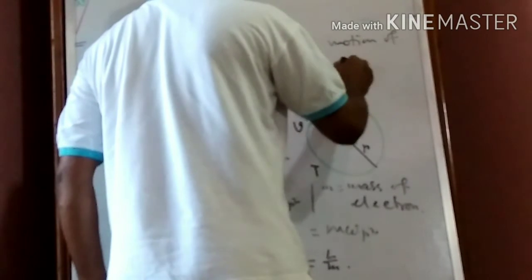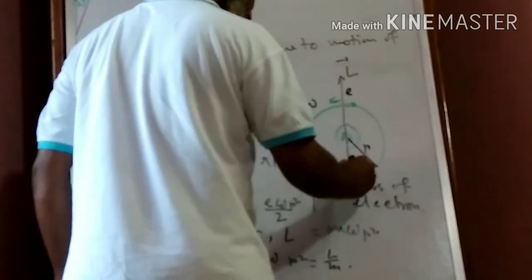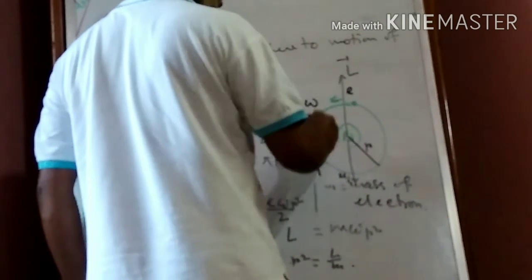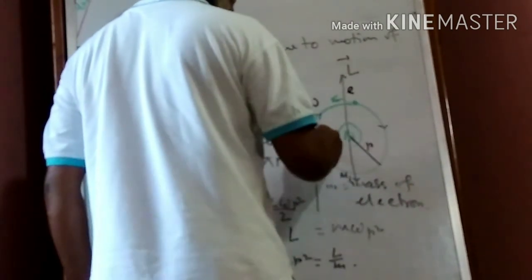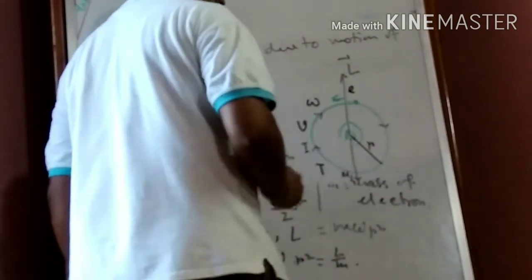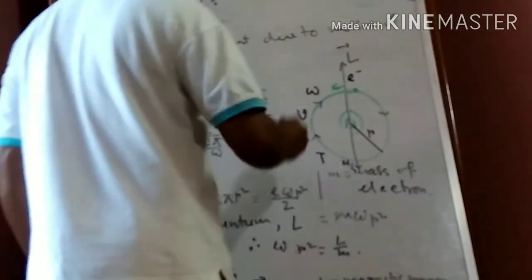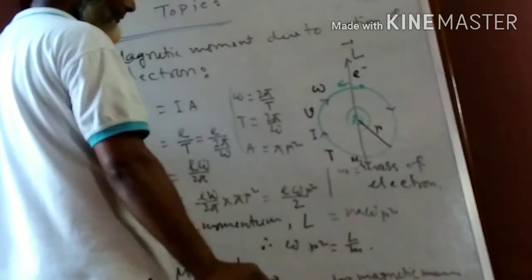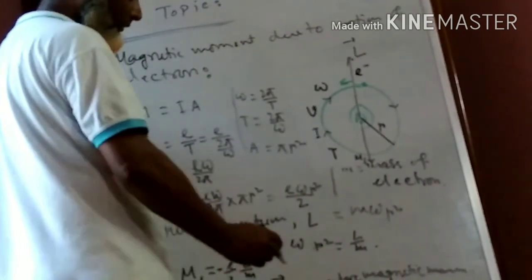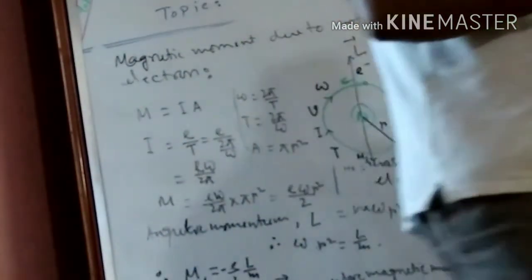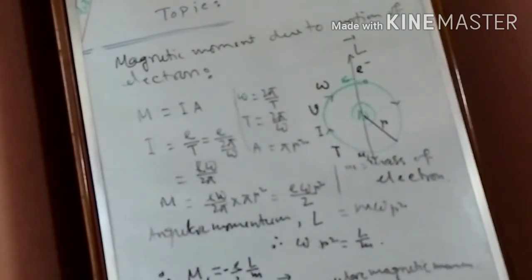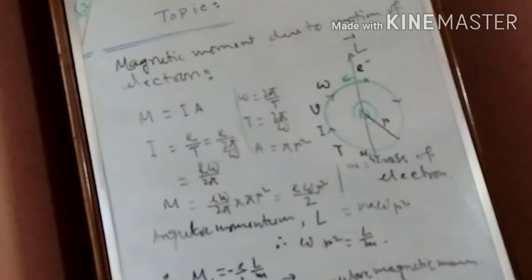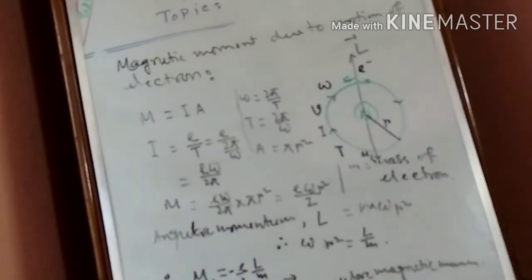The charge of the electron is E, omega is the angular speed, V is the linear velocity. That's why the magnetic moment of an electron is the sum of the angular magnetic moment plus the spin magnetic moment.